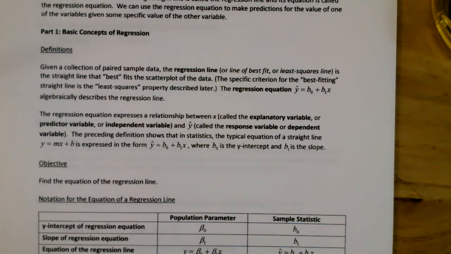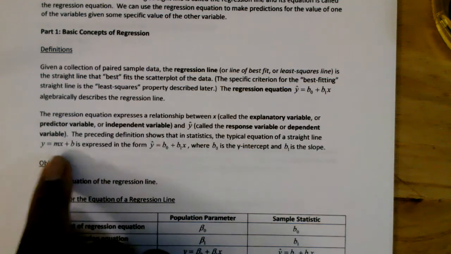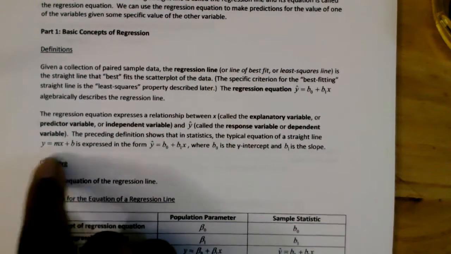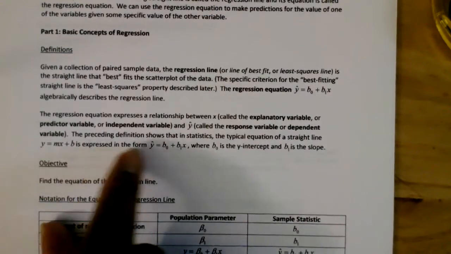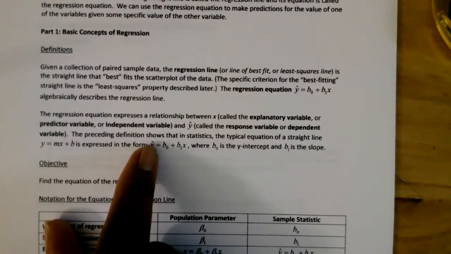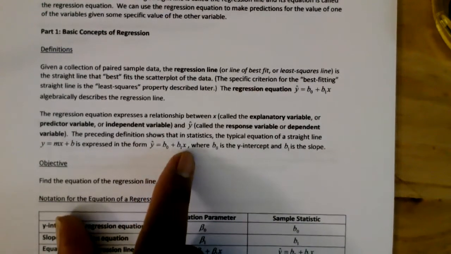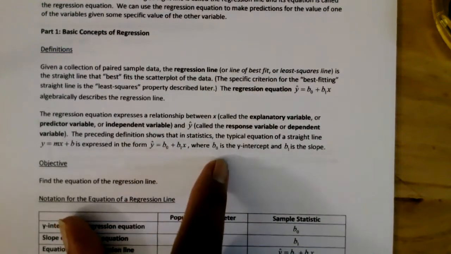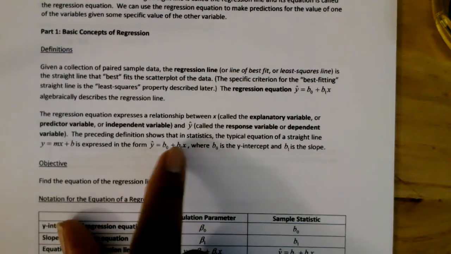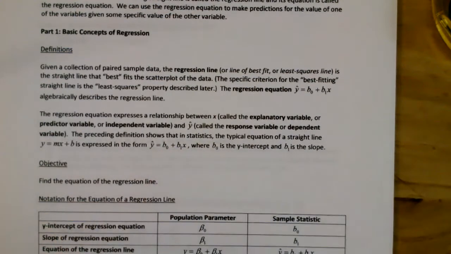Okay, now the preceding definition shows that in statistics, the typical equation of a straight line, y equals mx plus b, which is used in algebra, can be expressed in this form: y hat equals b sub 0 plus b sub 1 times x. The b sub 0 is going to be the y-intercept. B sub 1 is your slope.